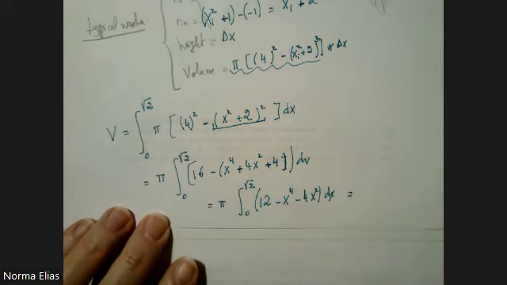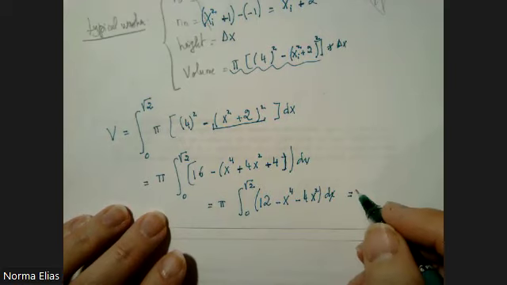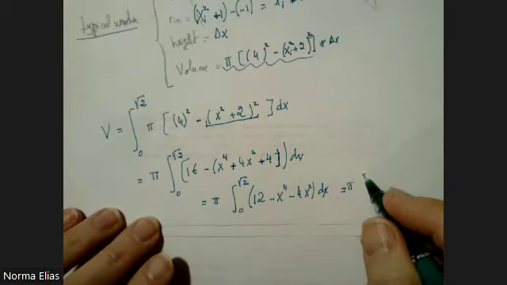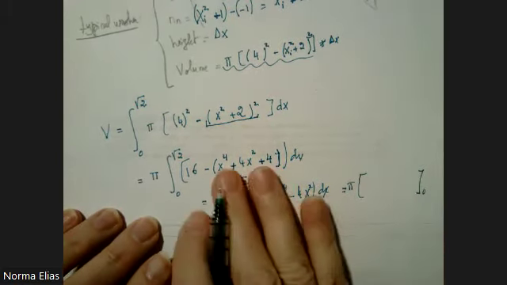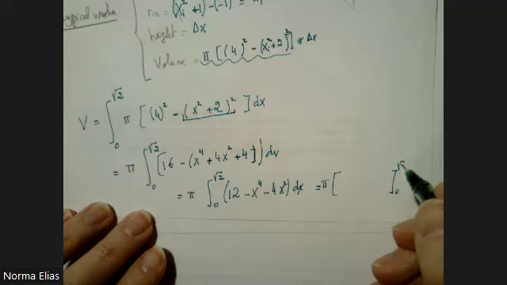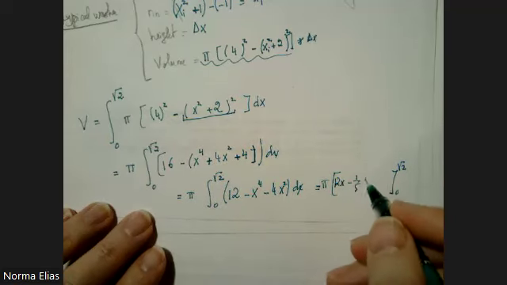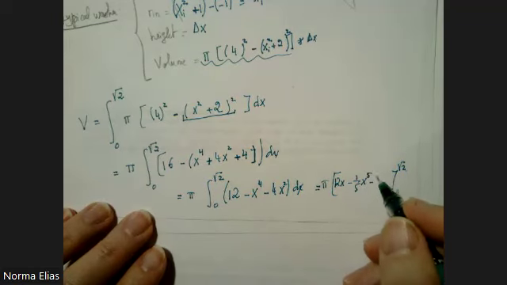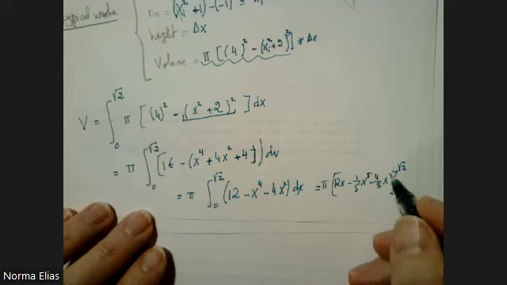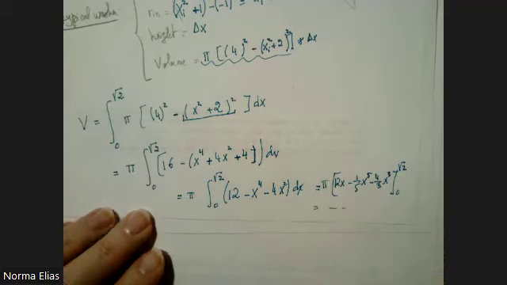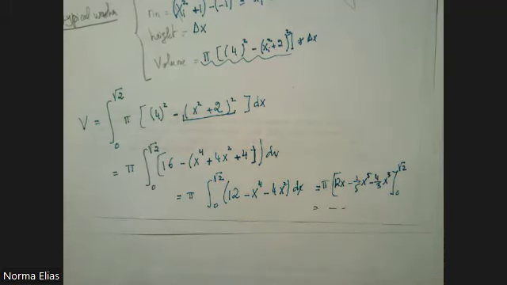And the rest is actually a simple integral that you guys can evaluate easily. I will have 12x minus 1/5 x to the 5 minus 4/3 x cubed, and we plug in the upper minus the lower.